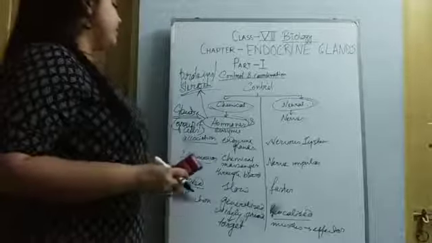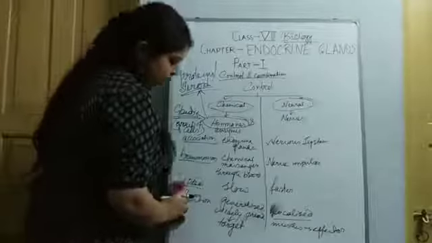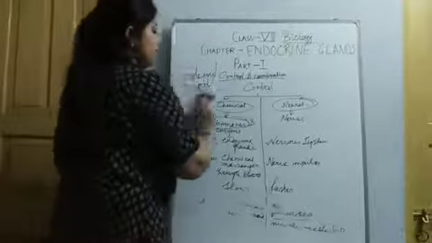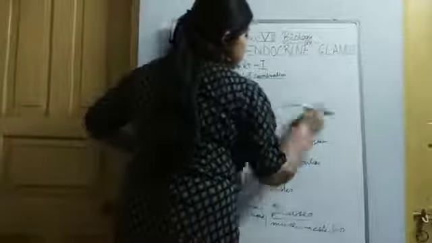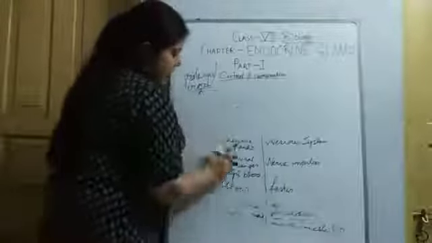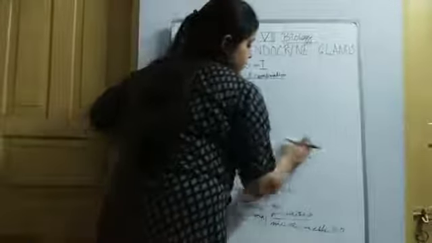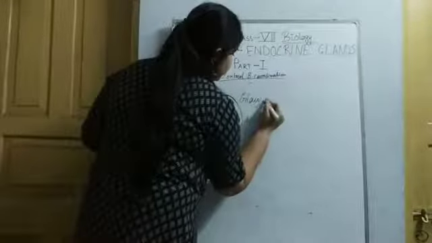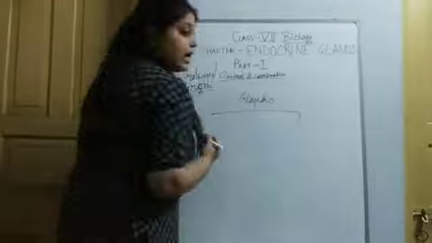Now we are coming to the glands. I will show you what the glands are, how we can differentiate the glands and what the categorization of the glands is. Glands are mainly of two types.